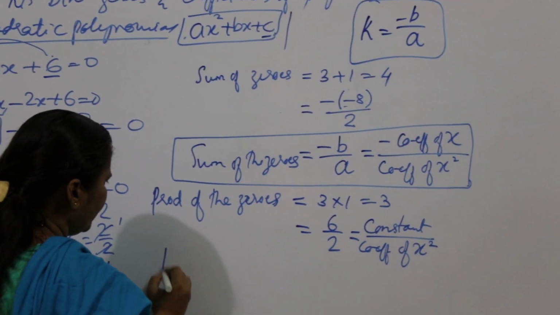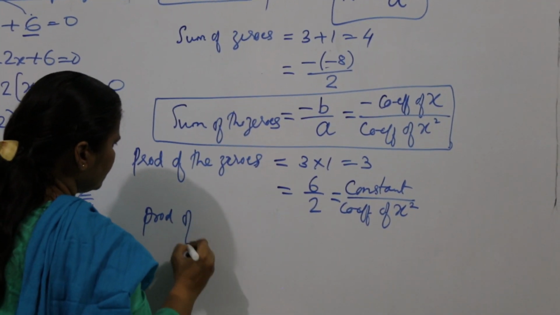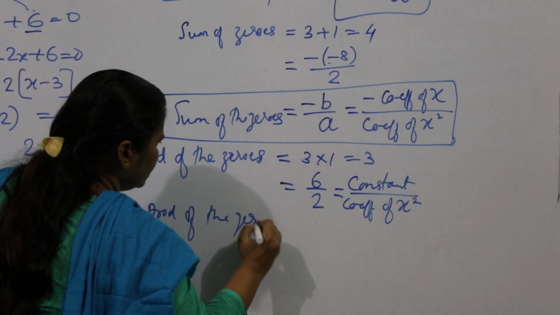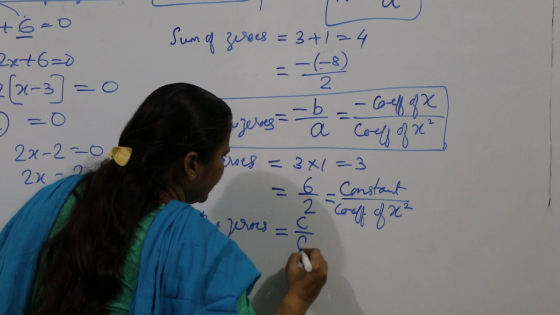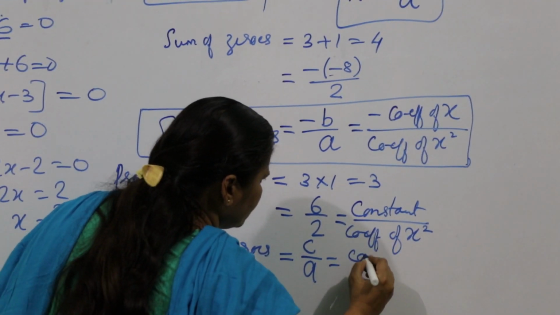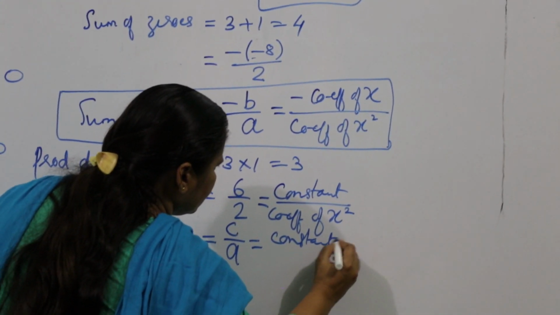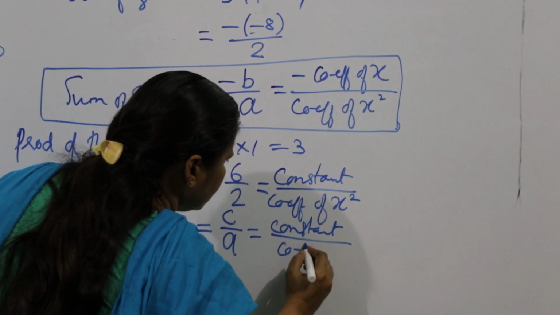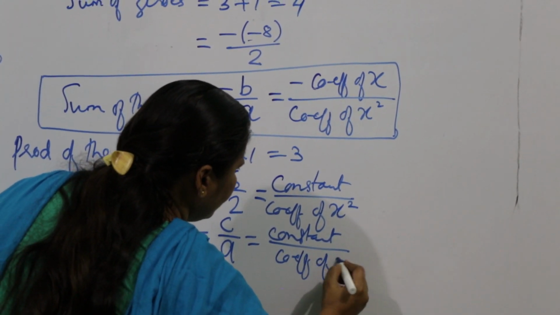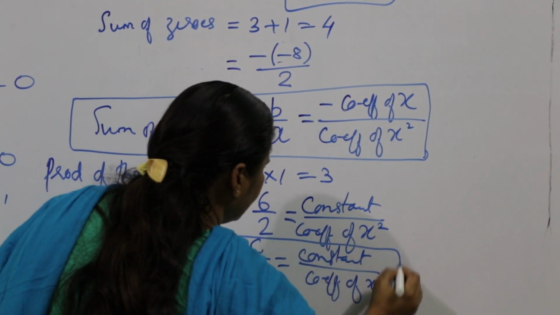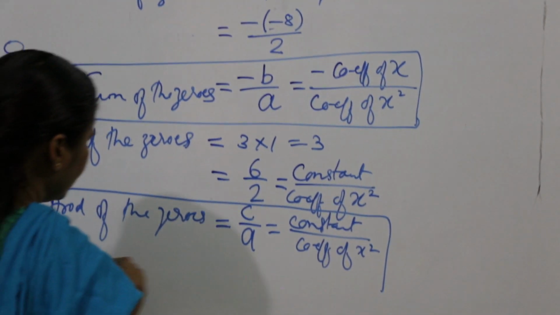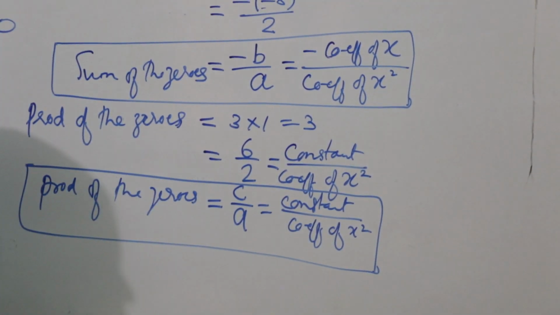So how do we write? Product of the zeros is equal to c by a, which is constant by coefficient of x square, right? Yes?